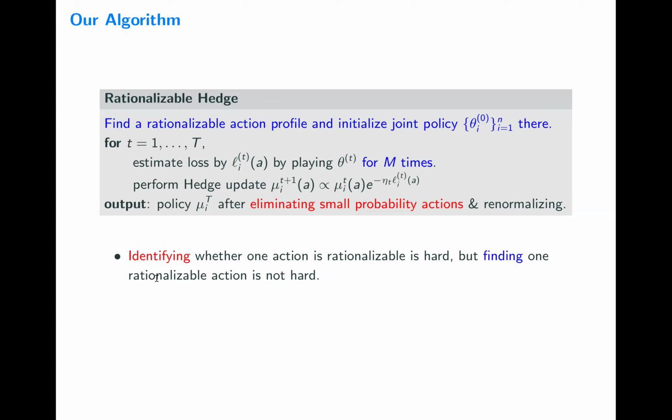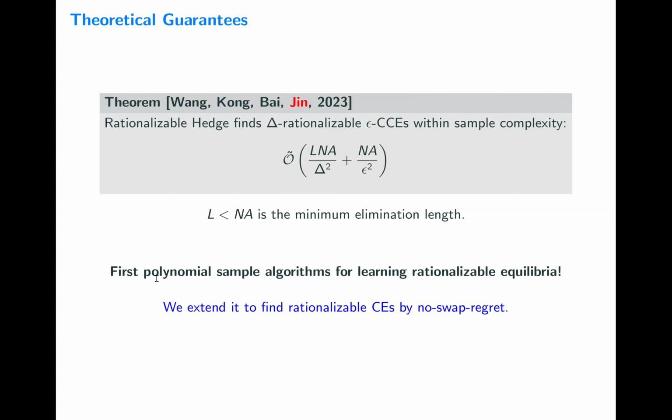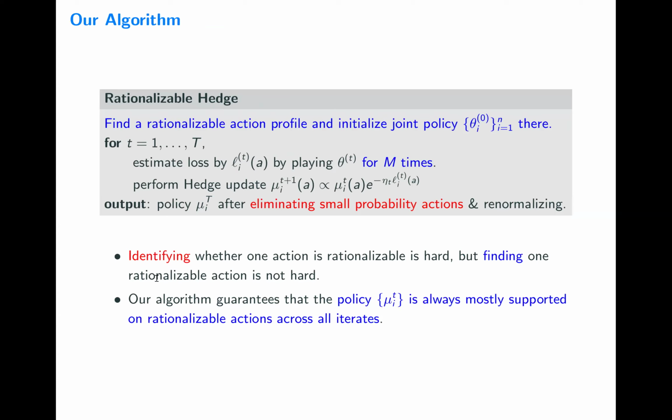But then your hedging update, I guess you are doing this product policy, which means I only see my payoff. I don't necessarily use other people's actions to update this information. So I'm wondering how this works, since you're not using other information, but your definition of rationalization needs it.